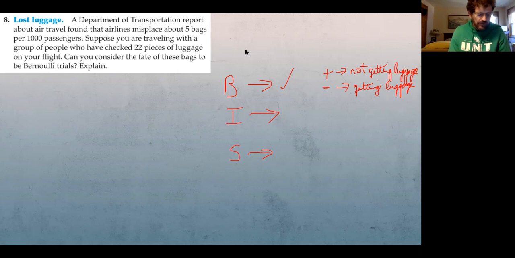So yes, it's 5 bags per 1,000 passengers on average, but it might be fair to say that if a plane is missing any luggage, it's more likely to be missing quite a bit of luggage. So it might not be independent, and maybe if one person in the group is missing luggage, there's a better chance that someone else in the group is missing luggage. I don't know if that's true, but I think it's fair to consider it maybe not independent.